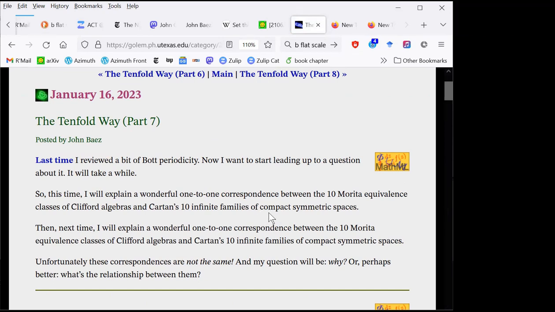He didn't just focus on the compact ones, but I'm focusing on the compact ones. After you classify compact simple Lie groups with Dynkin diagrams, you go ahead and classify compact symmetric spaces, which include the compact Lie groups as examples, though those people don't think of them as examples. But I am here, in fact, including them.